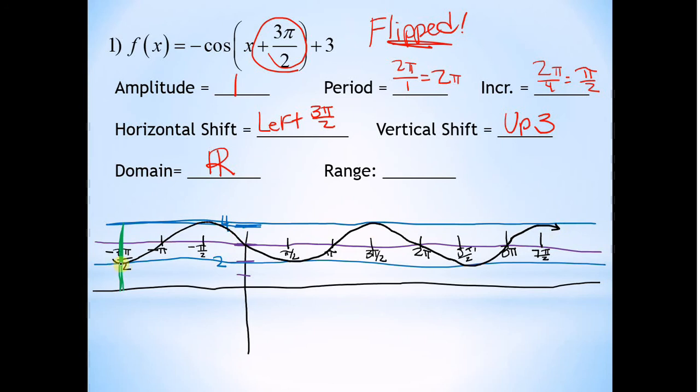There we go. So 1 full period here, 1 full period there. So then my range, I marked in 2 and 4. So 2, y, 4. There we go.